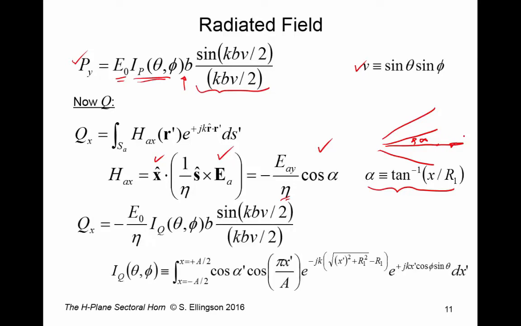I can make that substitution and work through the integral, and I get this result. I'm skipping several mathematical steps here, but they are fairly straightforward. The end result is a constant, an integral which I cannot do in closed form, which is defined here, and a sinc-like function, where once again, V is sine theta sine phi.